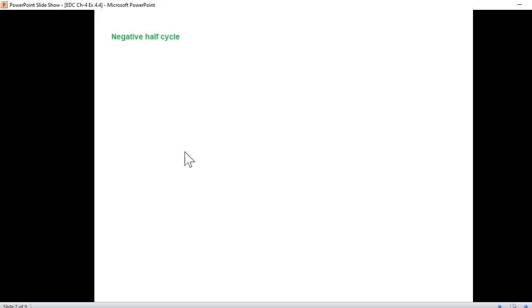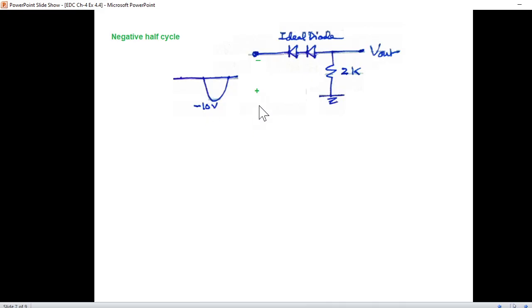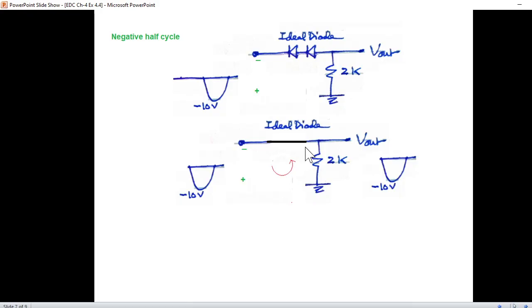Then coming on to the negative half cycle, negative at the top, positive at the bottom. Now this negative is touching the negative of the diode, and therefore both the diodes will now be forward biased, and we'll show it by a straight line.